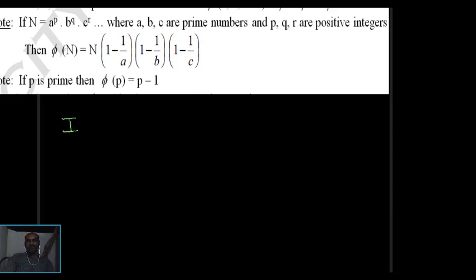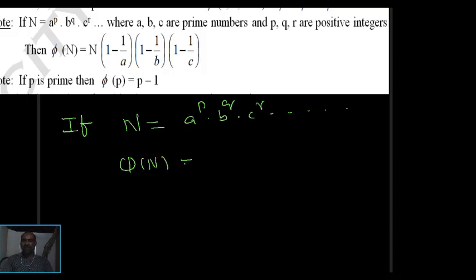If n is written in the form a power p into b power q into c power r and so on, where a, b, c are distinct prime numbers and p, q, r are natural numbers, then phi of n is given by a power p into b power q into so on, into 1 minus 1 by first prime into 1 minus 1 by second prime into 1 minus 1 by third prime and so on.